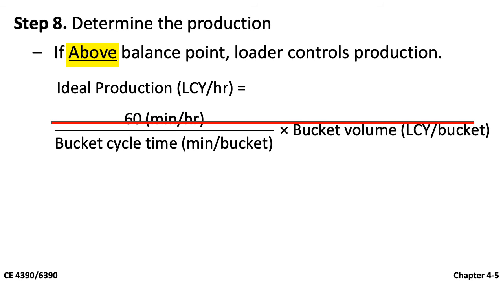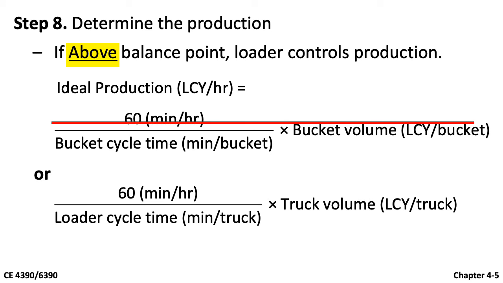However, don't use this equation since the production is also determined by the truck load. So this equation may result in a production which is greater than the truck capacity. For this reason, you need to calculate the ideal production by multiplying the number of truckloads by the truck volume.